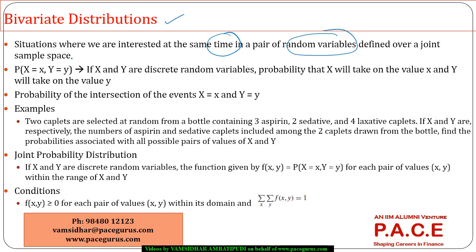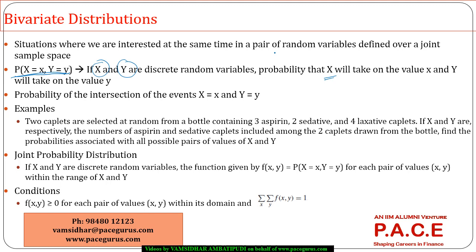So instead of simply saying probability of X equal to x, we will start talking of probability of X equal to x and Y equal to y. So X and Y, I can take them as discrete random variables. If there are two different discrete random variables, I am interested in seeing what is the probability that X will take on the value of small x and Y will take on the value of small y.